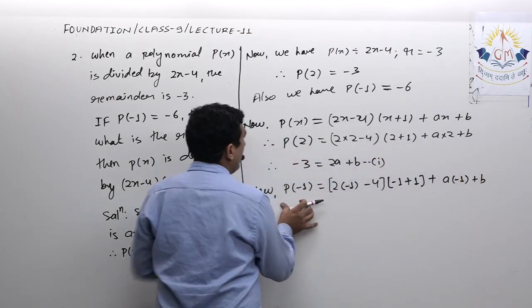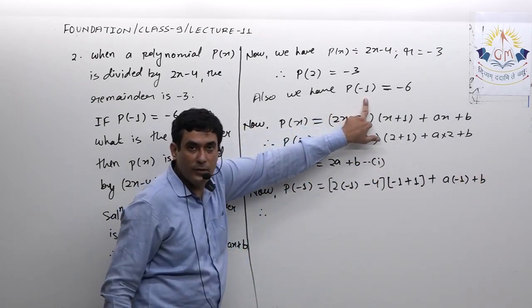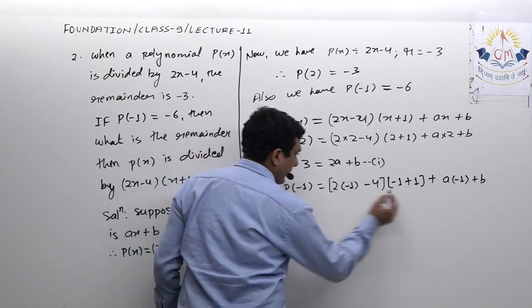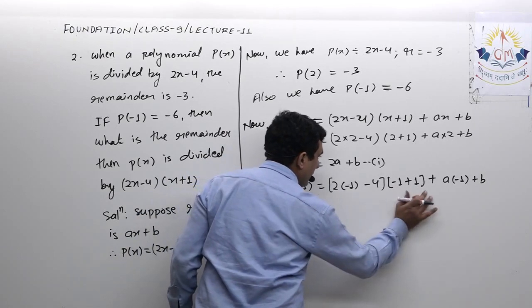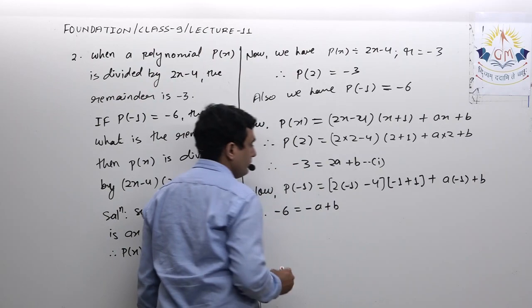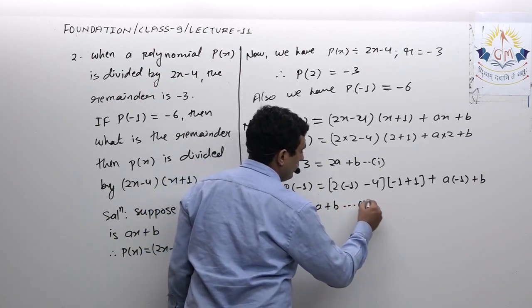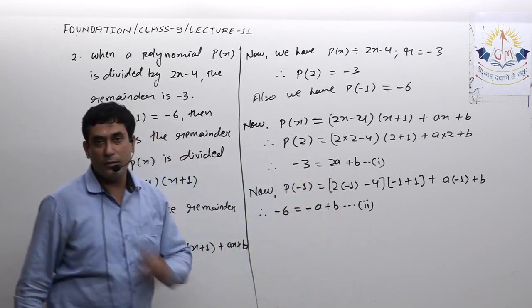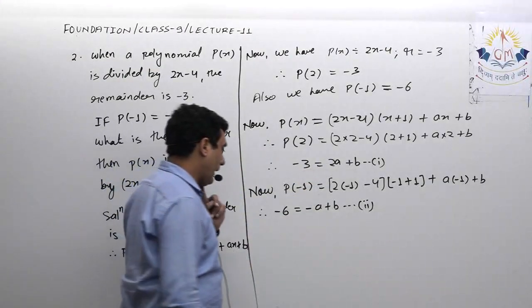The value of p of minus 1 is given as minus 6, so minus 6 is equal to, this complete term becomes 0, minus a plus b. Let it be equation number 2. Now again we are at the same position. By solving these two equations we will be able to get the values of a and b.